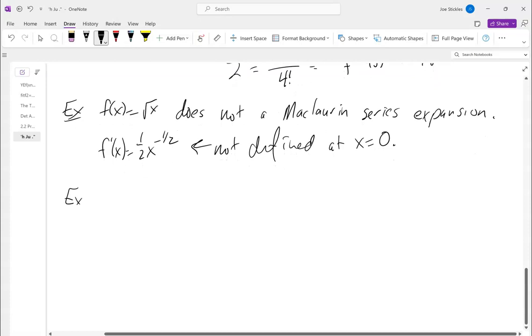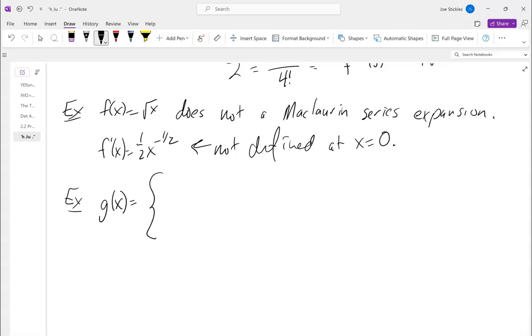If you have the following, take the piecewise defined function that's e to the minus 1 over x squared on the positive side and 0 on the negative side.